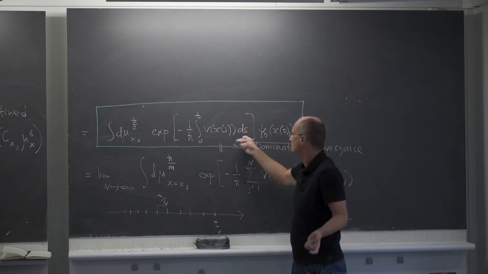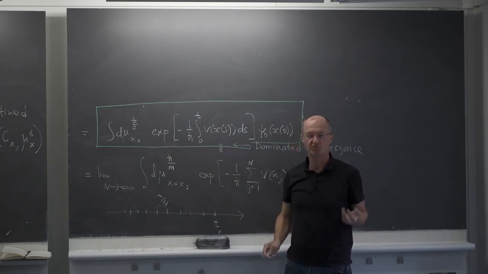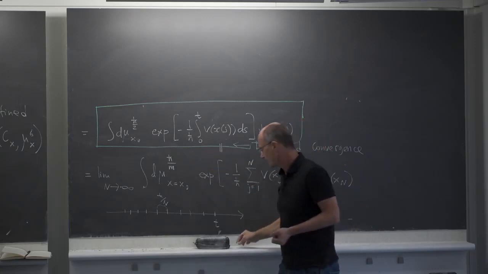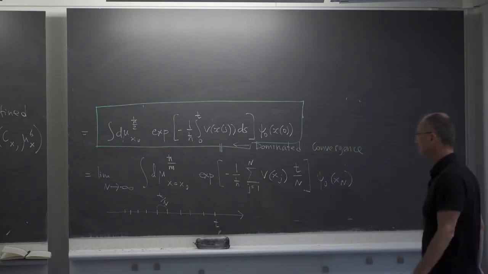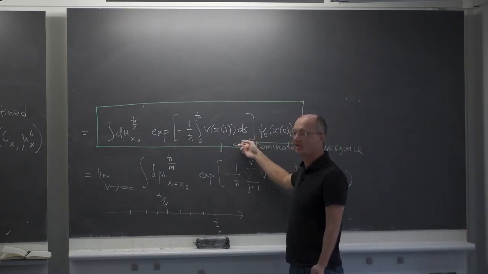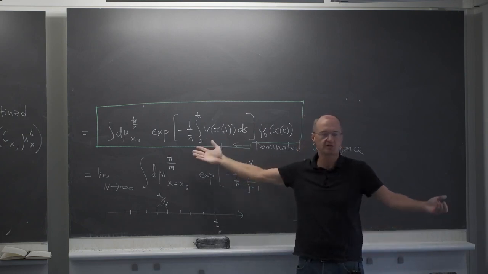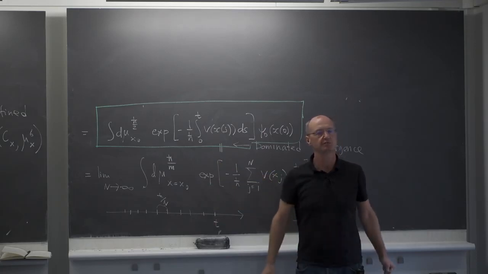So this integral does make sense, and it gives us a well-defined expression. It is a highlight of this path integral story, because this is the real path integral, which is defined mathematically.